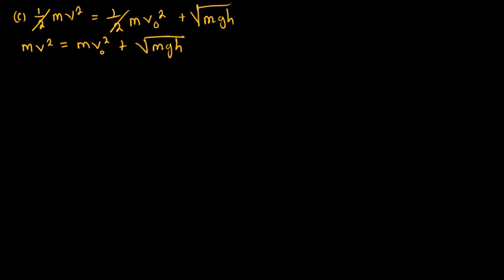What are the dimensions of mass? The dimensions of mass is simply big letter M. The dimensions of velocity is simply L/T. The dimensions of mass is simply big letter M. And of course, the same thing is going to repeat.